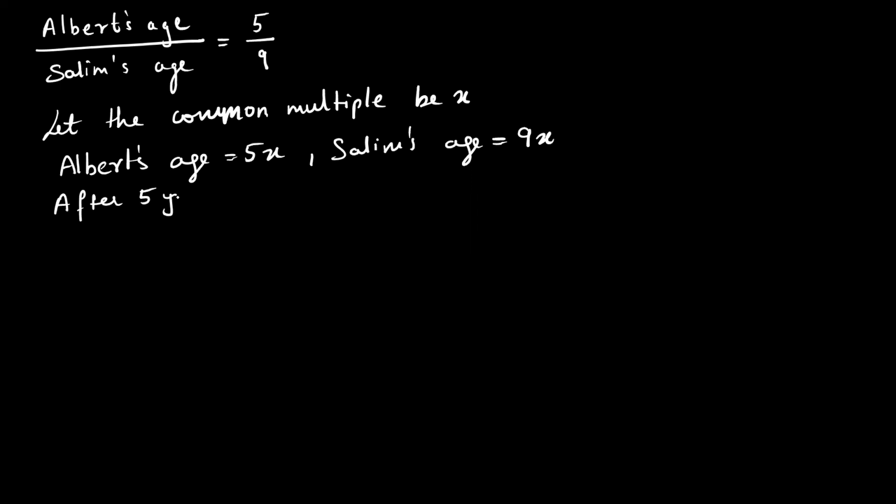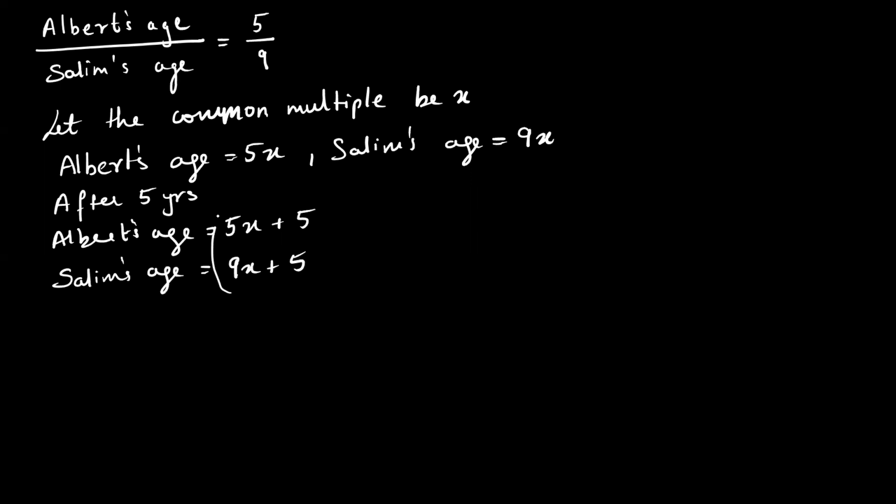Both. 5 years के बाद सबका 5 बढ़ता है, so Albert's age is equal to 5x plus 5, and Salim's age 9x plus 5. Very good. Ratio is 3:5, so 5x plus 5 upon 9x plus 5 equal to 3/5.